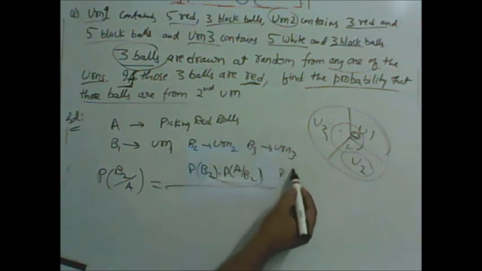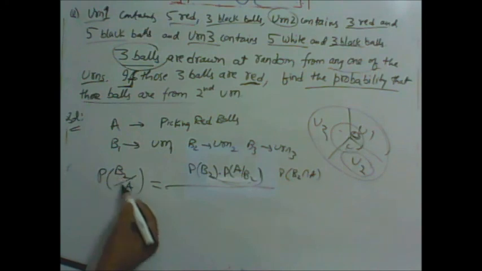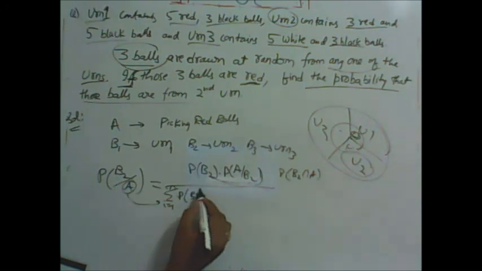It is nothing but P of B2 intersection A, divided by the total probability of the denominator. Total probability means P of B2 intersection A plus P of B1 intersection A plus P of B3 intersection A, which we have already found. It's nothing but sigma i equal to 1 to n of P of Bi into P of A by Bi.